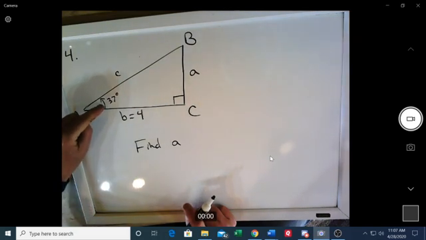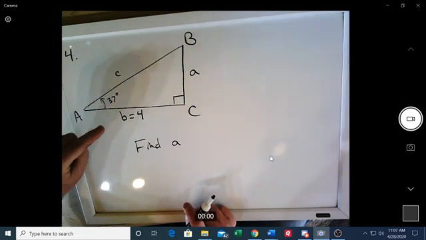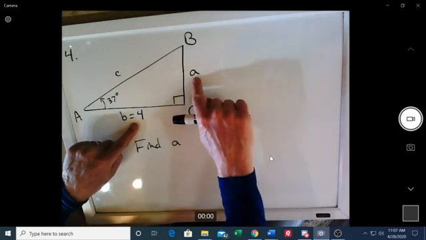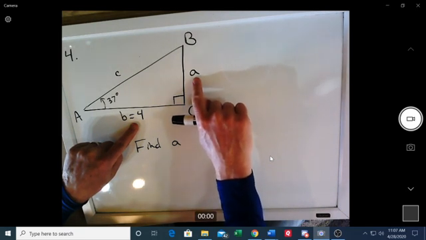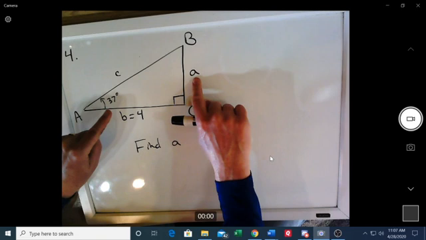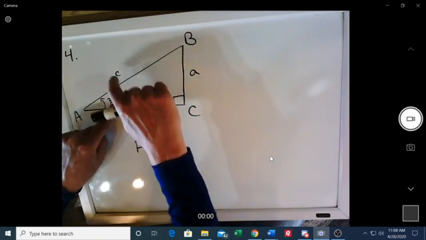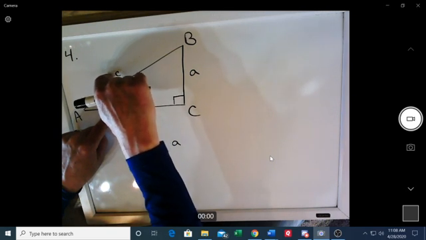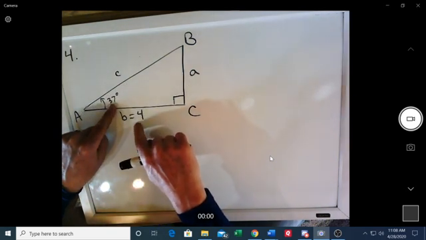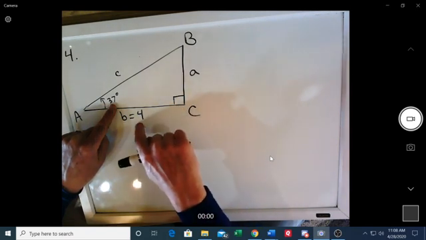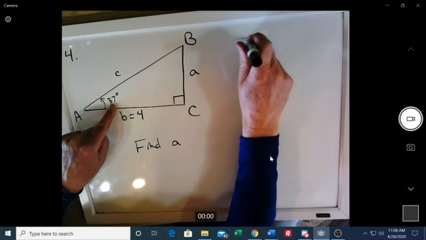I want a trig function of 37 degrees that uses the one side that I know and involves the thing I'm trying to find. So what trig function would I use of 37? Well, from 37's point of view, that's the hypotenuse from any point of view. But this is the adjacent, this is the opposite. I want opposite over adjacent, that's the tangent. So SOH CAH TOA.